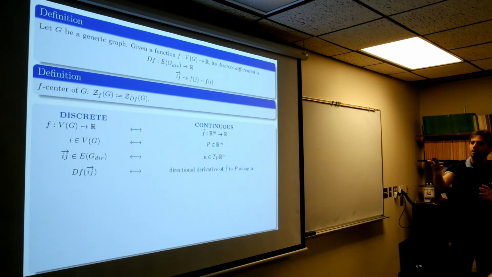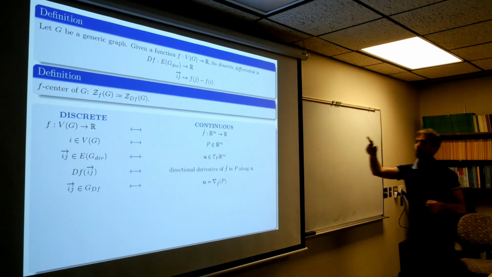But then, if we compute the discrete differential of f in ij, well, it's the value of f in j minus the value of f in i. If we consider the limit, this will be the directional derivative of f tilde in p in direction u. And now we can see that the fact that ij belongs to the optimality graph G df means that ij is the direction in which df is as big as possible, right?